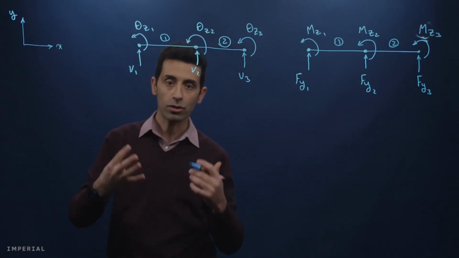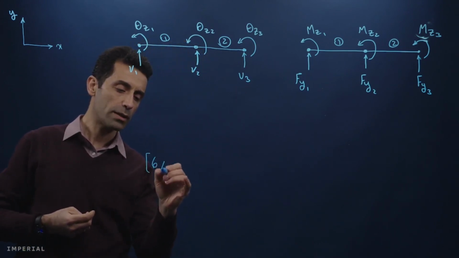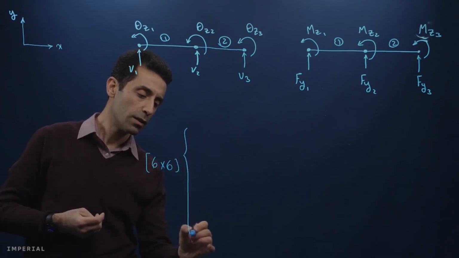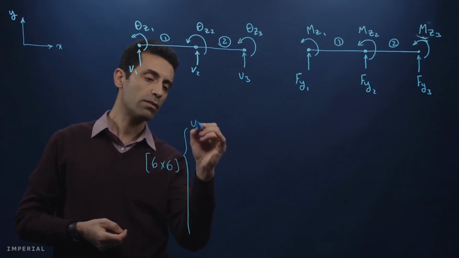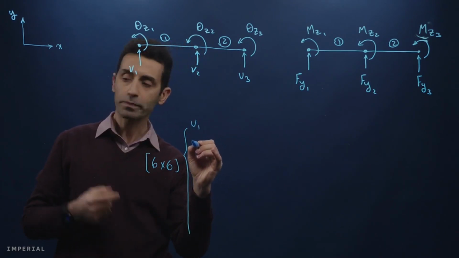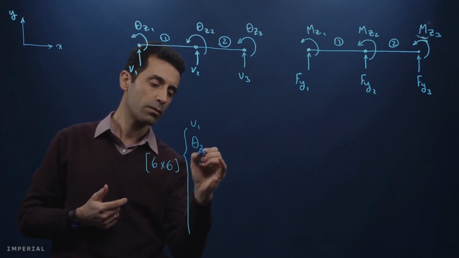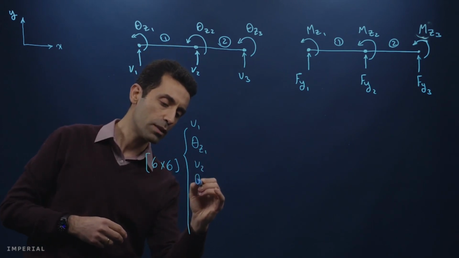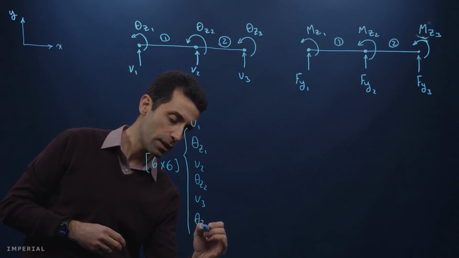So our structure stiffness matrix is a 6 by 6 matrix, and we multiply that by the vector of nodal displacements, which is v1, theta z1, which are both degrees of freedom of node 1, v2, theta z2, and v3, theta z3.